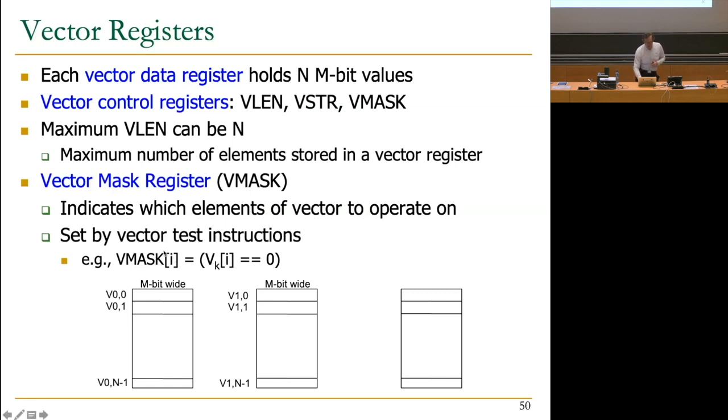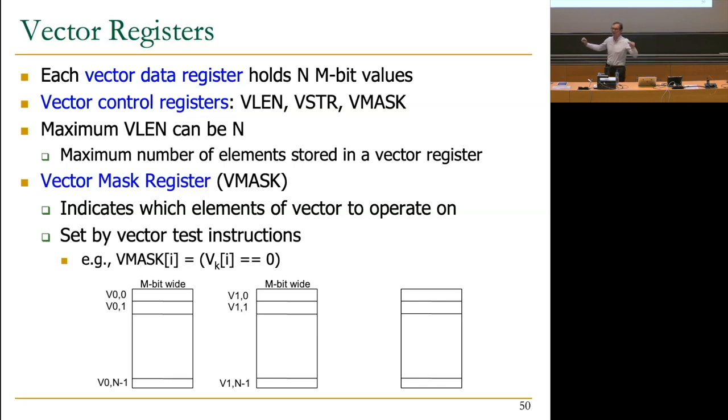For example, here we set every element of the vector mask by comparing every element of vector register k to 0. Now, what is the result of this operation? If element i of vector register k is equal to 0, then element i of the vector mask is set to 1. Otherwise, it's set to 0. Okay? So basically, this is a bit vector.